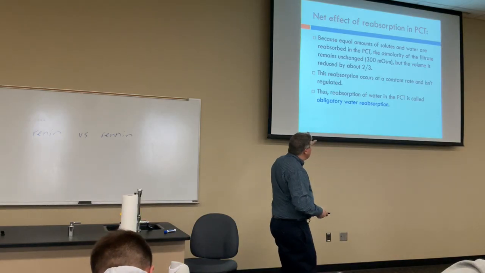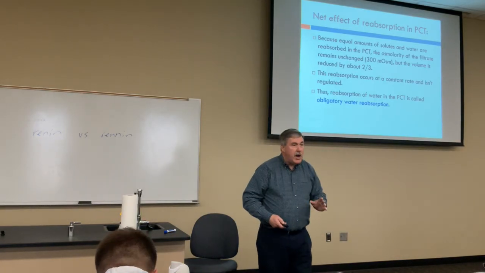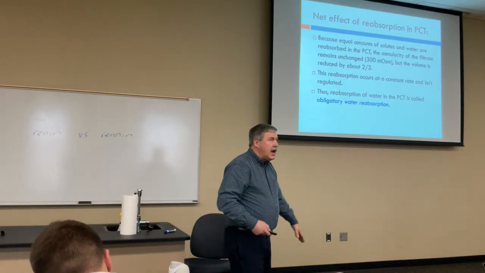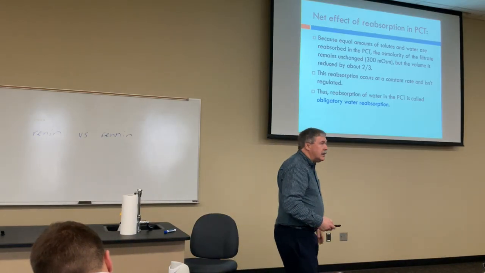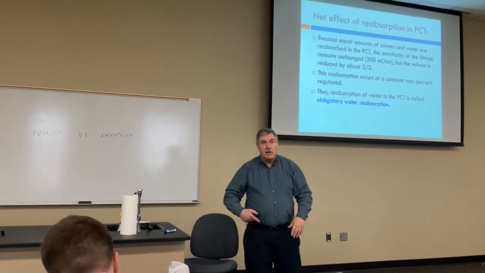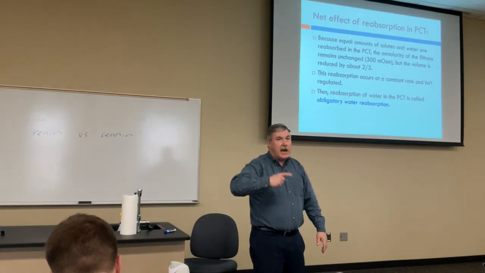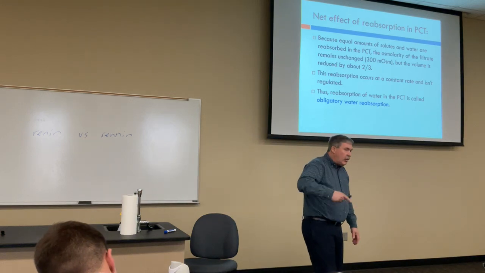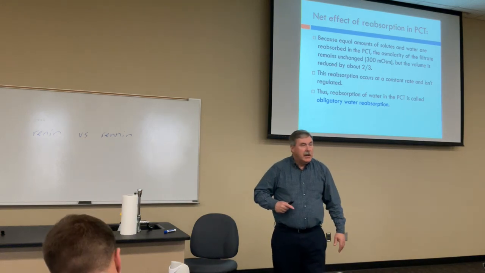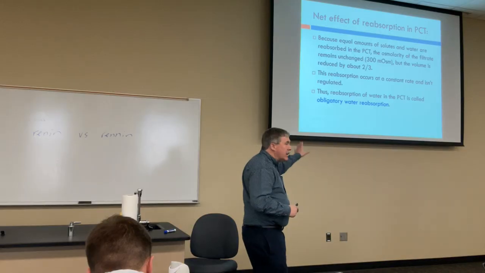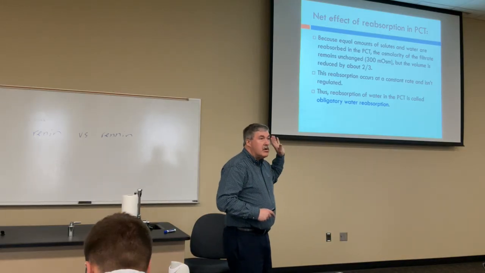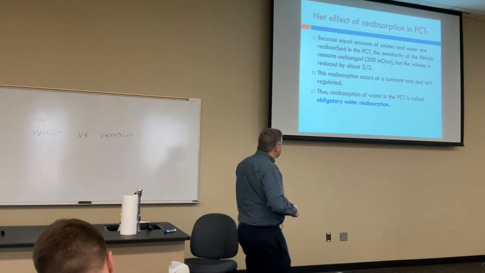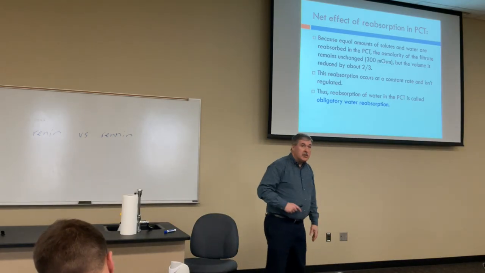So this reabsorption of water in the proximal convoluted tubule is occurring all the time. It's not regulated. The only thing that regulates it is the activity of those sodium-potassium ATPase pumps, and they are working all the time. They don't stop. And so this reabsorption of water and sodium occurs in the proximal convoluted tubule continuously. So it's called obligatory water reabsorption.